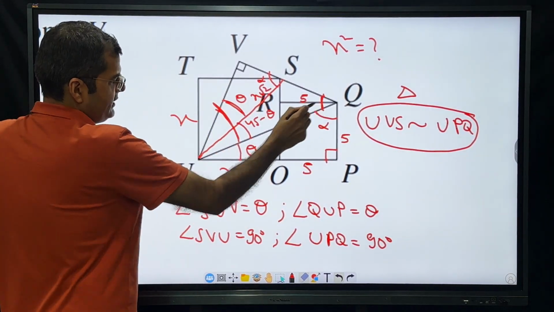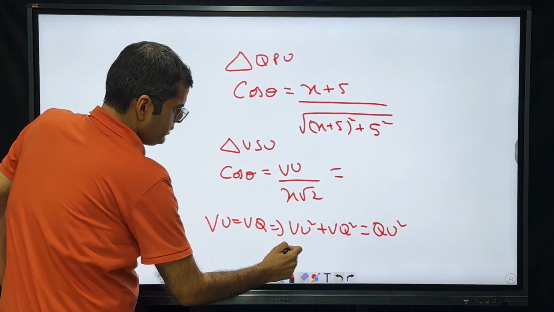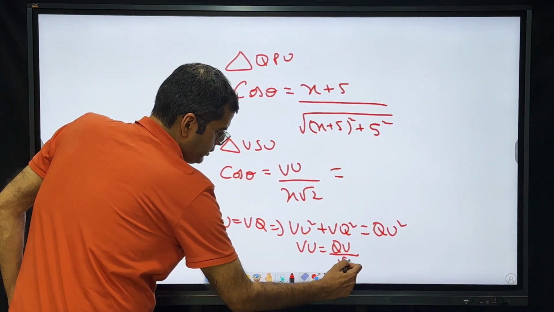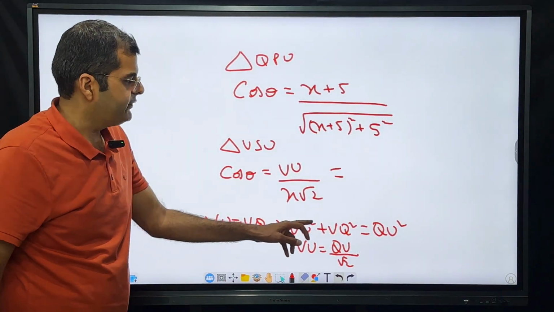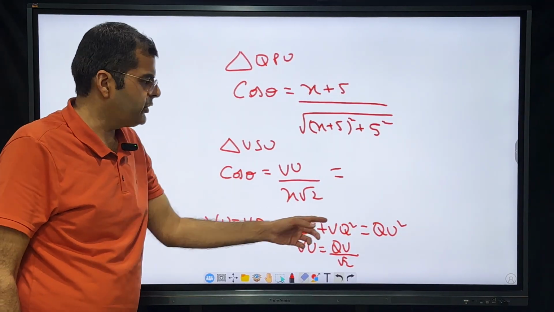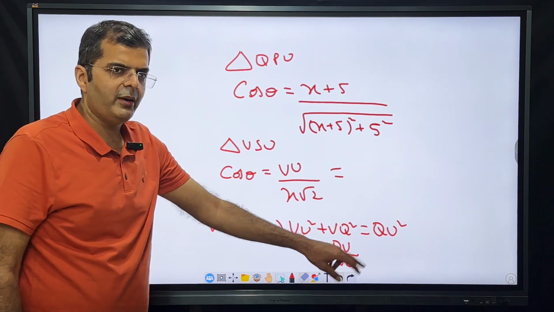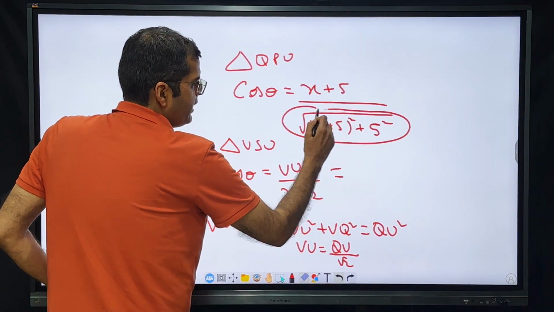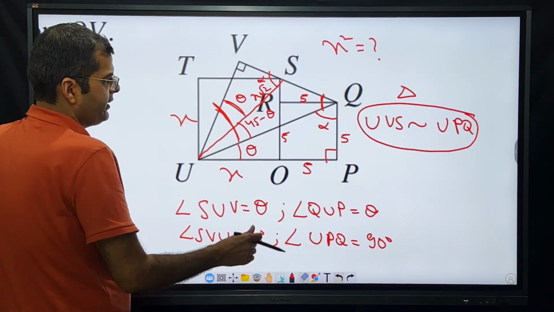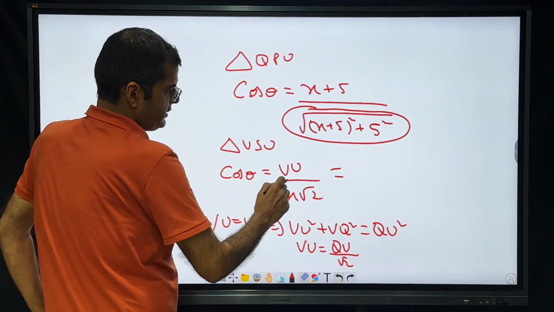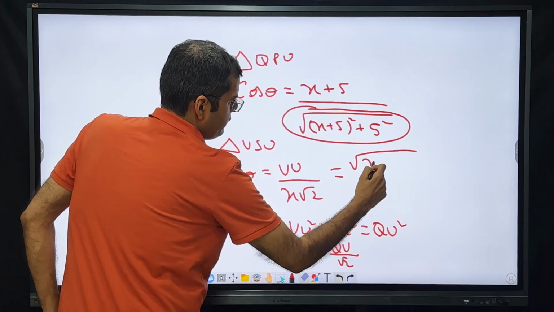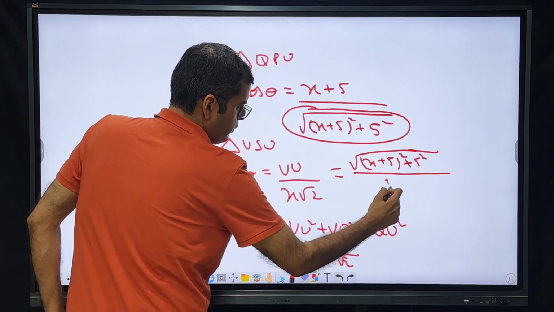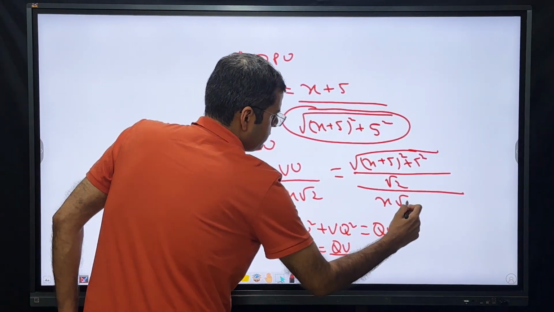That means VU square plus VU square is 2 VU square, equal to QU square. So VU square will be QU square by 2, so VU will be QU by root 2. And QU is the square root of x plus 5 whole square plus 5 square. So cos theta from here becomes the square root of x plus 5 whole square plus 5 square, divided by root 2, that is VU, divided by x root 2.